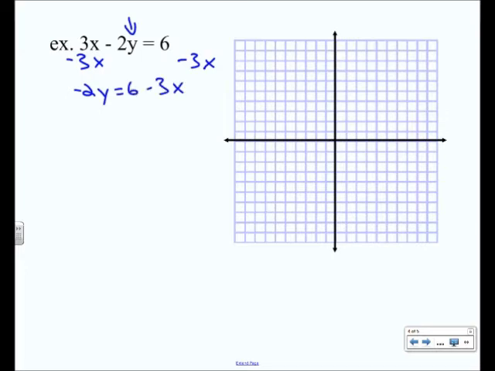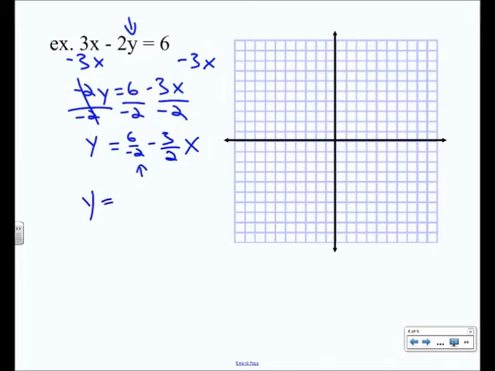We're almost there. We've got y multiplied by -2, so let's divide everything by -2. We'll have y by itself, equals 6 over -2, and negative 3/2 x.